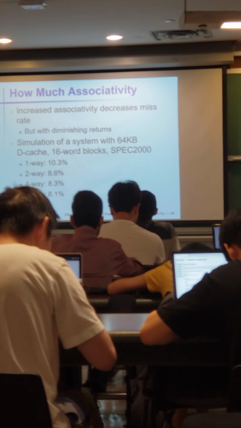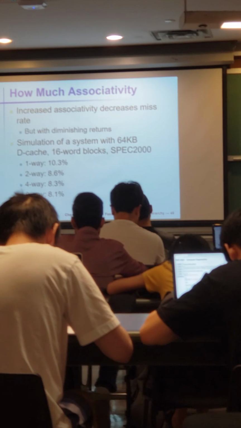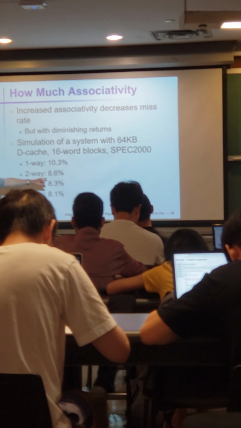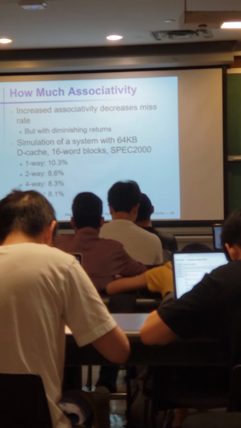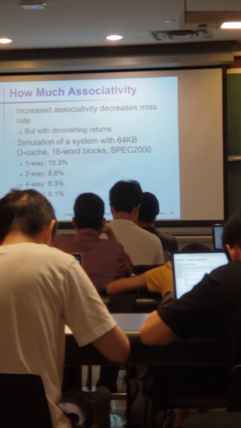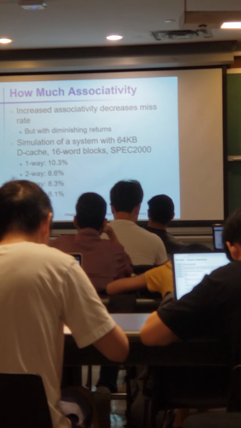Of course, 2% fewer misses is not just a 2% increase in performance, right? Because the cost for this miss depends on how slow your main memory is. And of course, you'll have second level cache, third level cache in order to minimize delays and things like that.